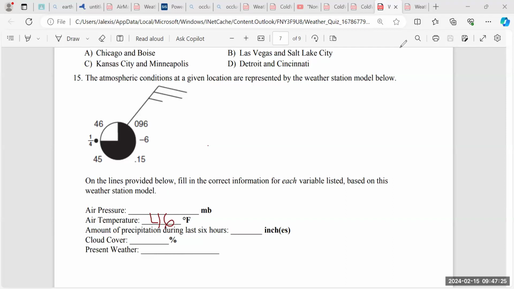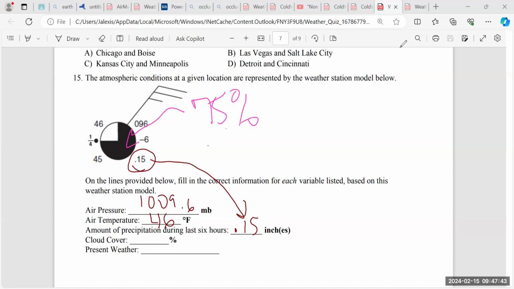Amount of precipitation during the last 6 hours is this number right here, which would be 0.15 inches. Cloud cover is how much it's shaded in, which is 75%.